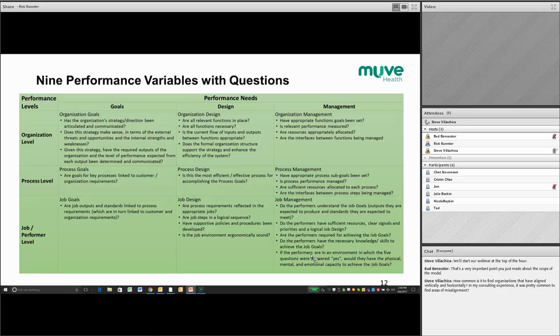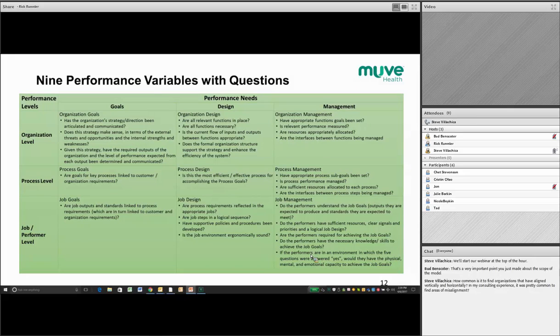And I remember his guidance to say, if you can move job and performer level stuff to the process level, you're going to be making a bigger change and producing better results and potentially happier clients. And if you can move from the process to the organization level, you can make even greater improvements. And I've always found that advice really helpful.